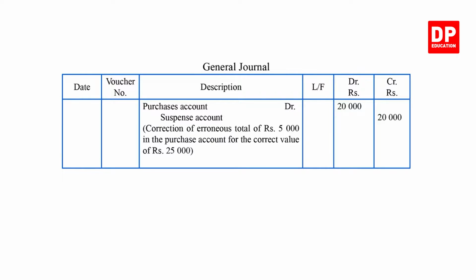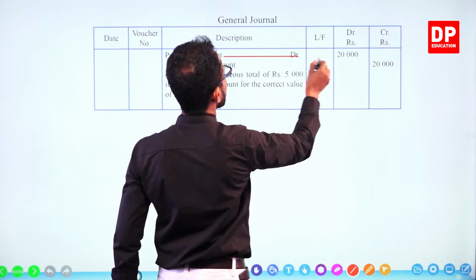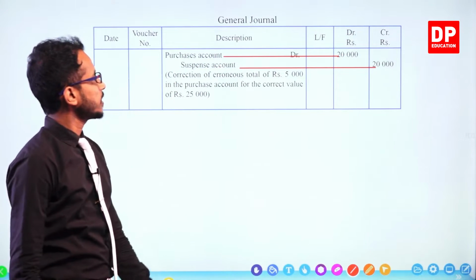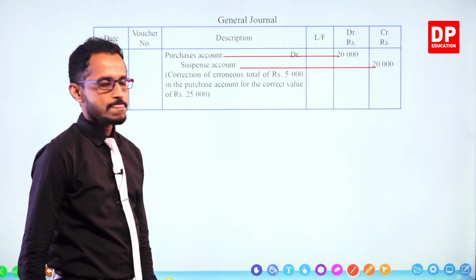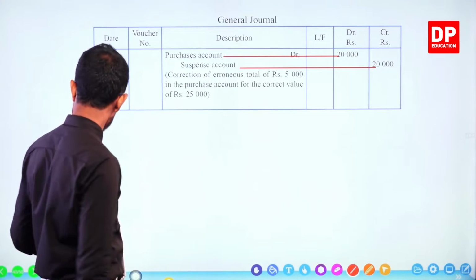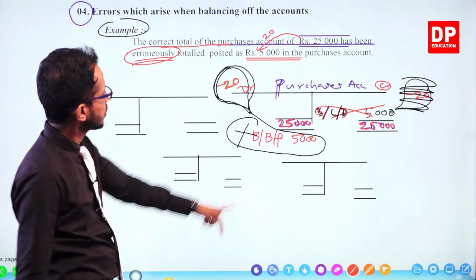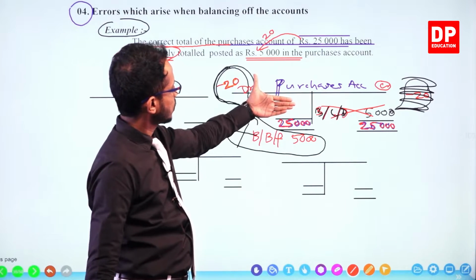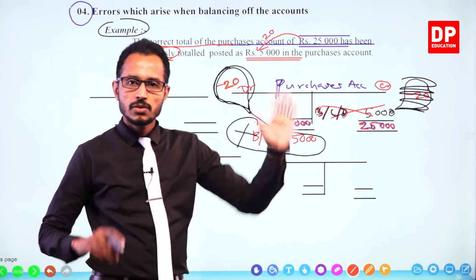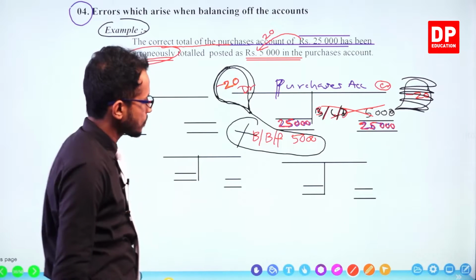Purchases account debit, suspense account credit 20,000. See, purchases account debit 20,000, suspense account credit 20,000.